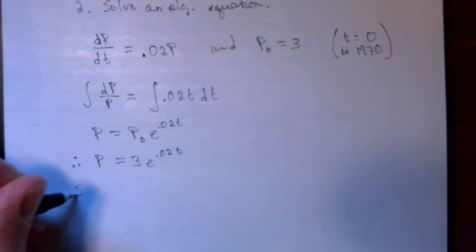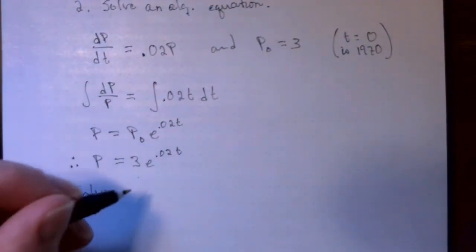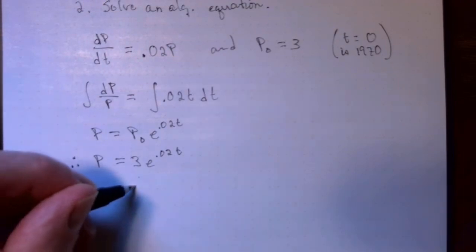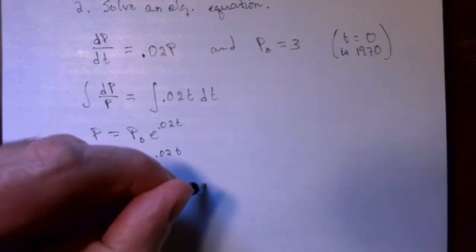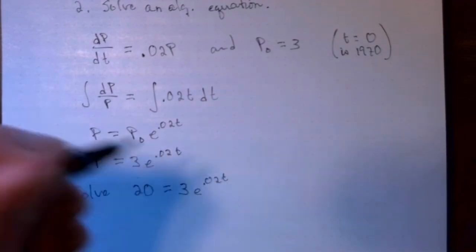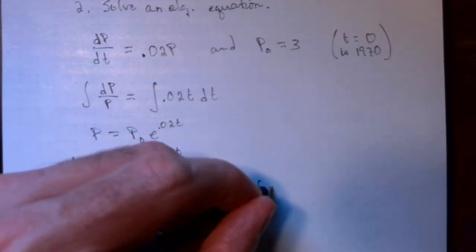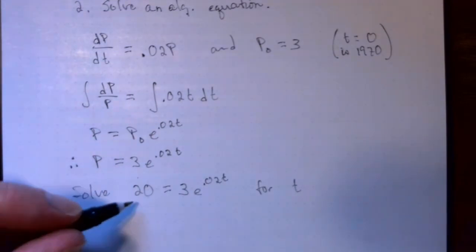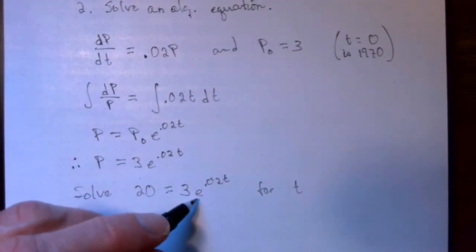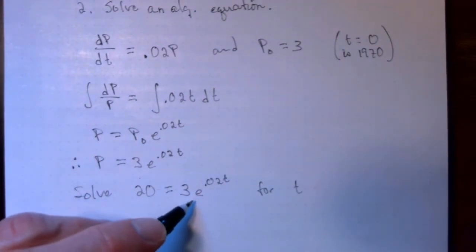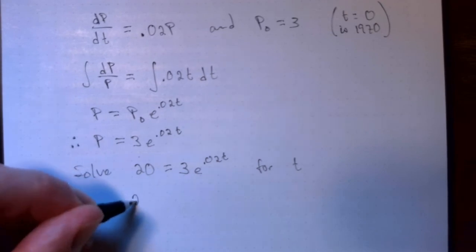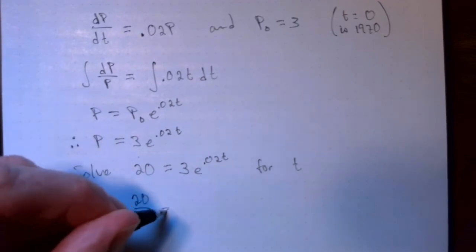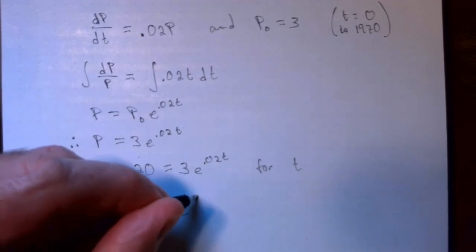And now what we're going to do is solve an equation. The question asked us when the population of the Earth is going to be 20 billion. So we're going to get an algebraic equation with t as our unknown. Okay, now you've got an exponential equation. You need to think back to your algebra. If you want to solve an exponential equation, you need to use logs. So I'm going to get the exponential function by itself.